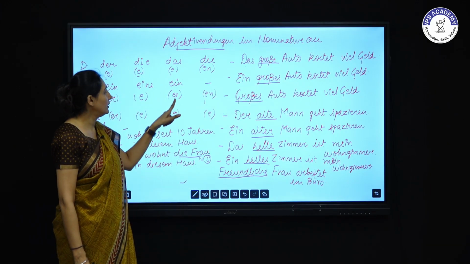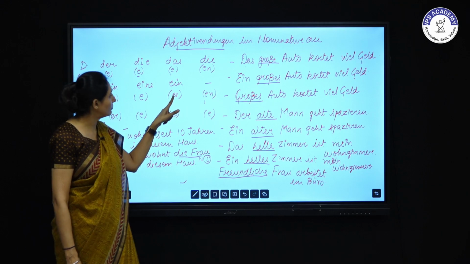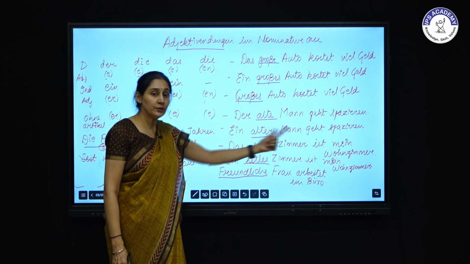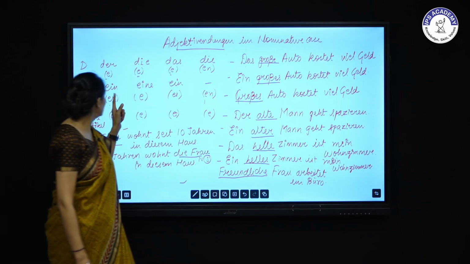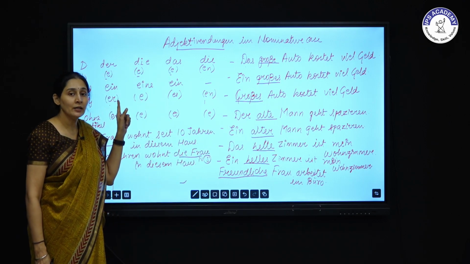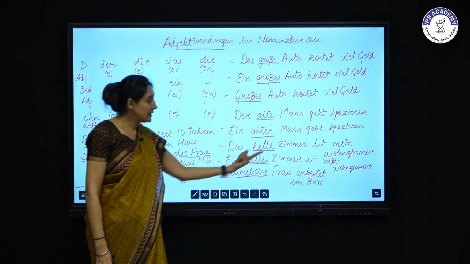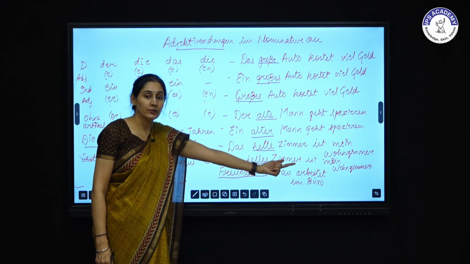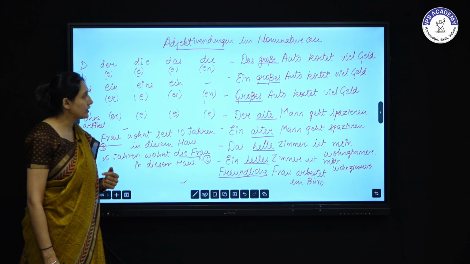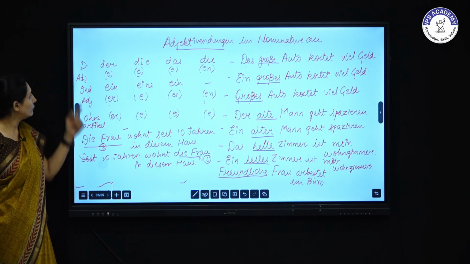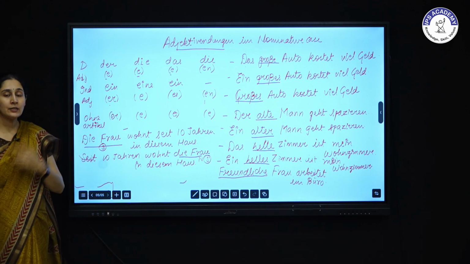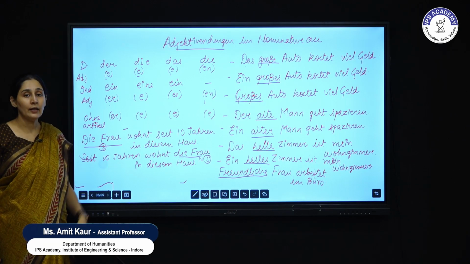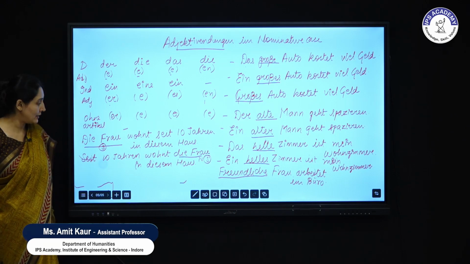Because it comes as -es when it comes to the neuter. Der alte Mann becomes ein alter Mann. Why? Because in the unbestimmter it is -er. Das helle Zimmer becomes ein helles Zimmer. So when it comes to adjective endings, we should focus on the definite, unbestimmter and possessive article, and according to that we can put an ending.